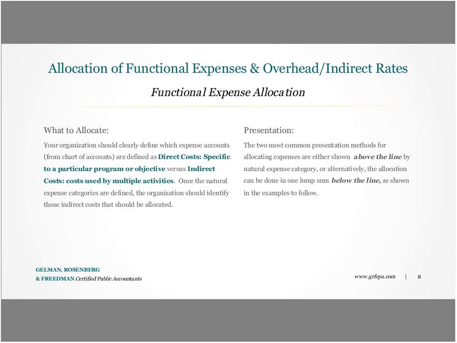Direct costs in a very general sense are specific to a particular program or objective, so they can be easily identifiable to one specific grant or project or program, versus those that are considered indirect and are being used by a multitude of activities and have the potential to benefit a multitude of activities. So as we process our day-to-day, we need to understand what is a direct and an indirect cost.